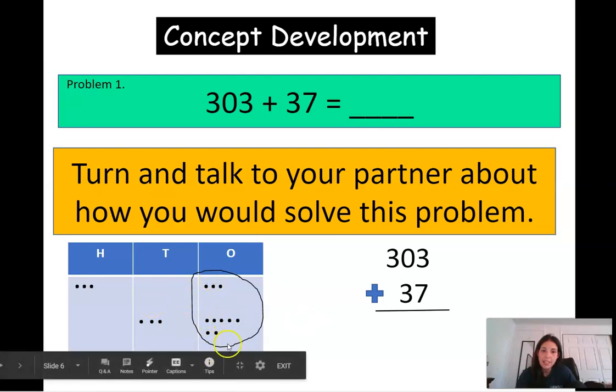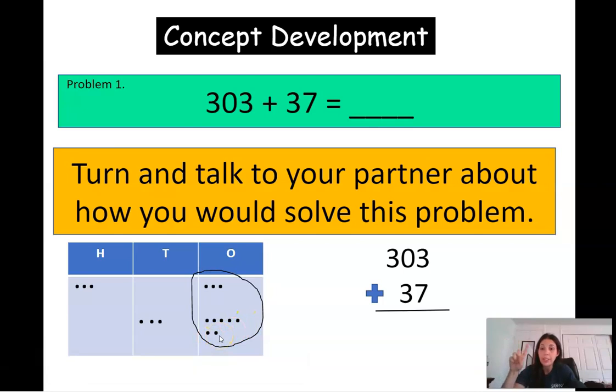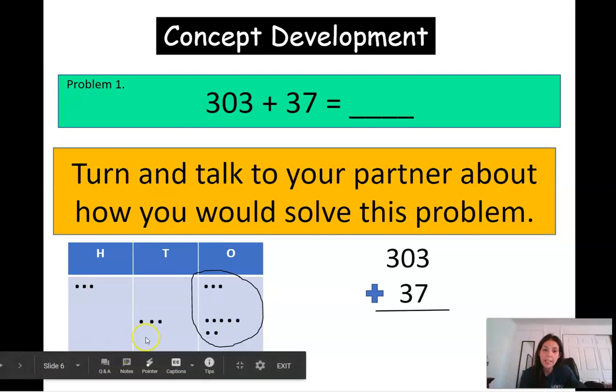And this is a group of 10. Remember when we count 1, 2, 3, 4, 5, 6, 7, 8, 9, 10, and then we're going to stop. We're going to circle, and we're going to bring it over to our tens place. This is a group of 10, so it comes over. And then we're going to see we have 1, 2, 3, 4 tens.